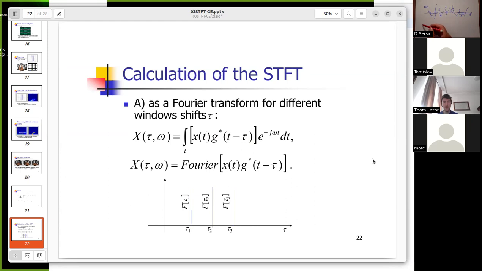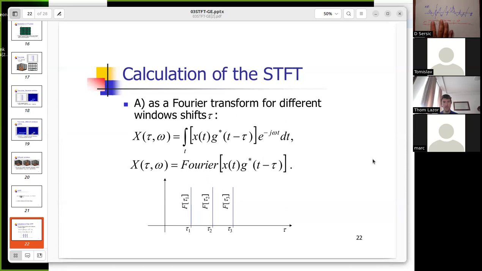In my example, the window will be rectangular. So my rectangular window cuts only this part, and I calculate the result. Then I move it to the right, again to the right, and so on, to the left and to the right. And when I go through all of these positions, I multiply the blue one and the red one and calculate the Fourier transform of the product.